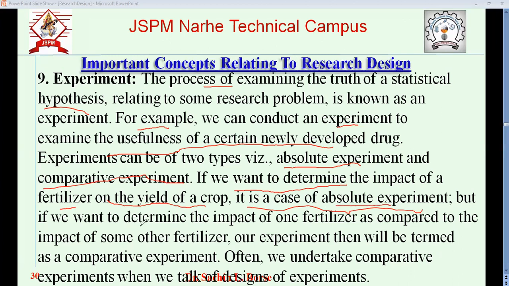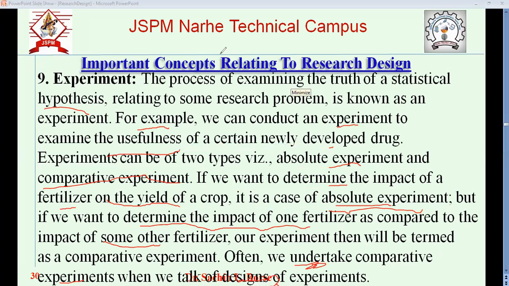But when we want to determine the impact of one fertilizer as compared to another fertilizer, then it becomes a comparative experiment. Most often, when we talk about the design of experiments, we generally take comparative experiments. An absolute experiment is not very useful because we just study the absolute effect of a particular fertilizer.